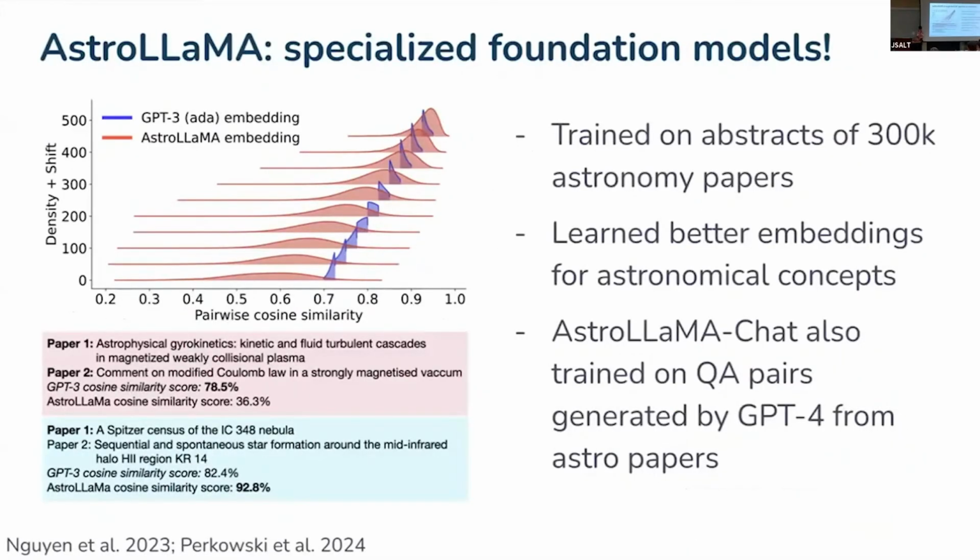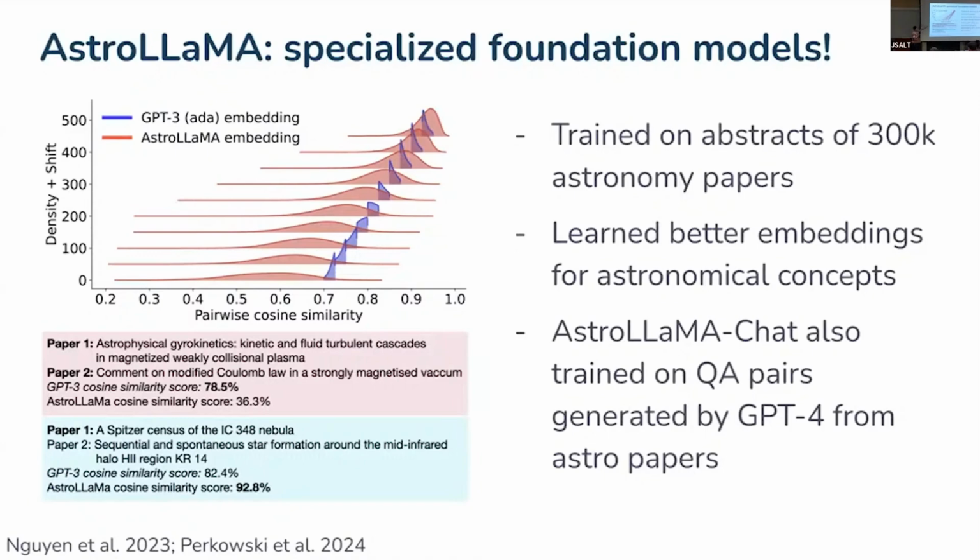AstroLlama is a more recent example of this. I know some of the folks involved with the astronomy team here are involved with the AstroLlama endeavor. This is towards specialized foundation models, fine-tuned for astronomy specifically. I just grabbed one of the figures from the text, in the upper panel.